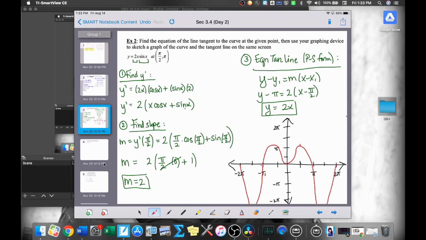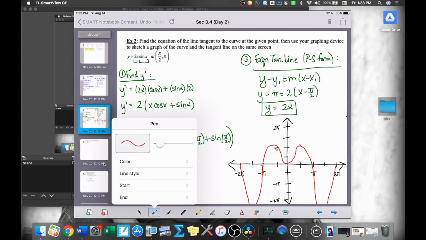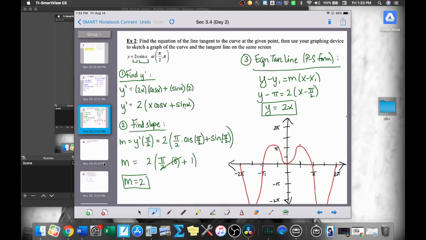So that was our 2x sine x, and then our tangent line, y equals 2x, had its intersection point like right here. And it looked like that.